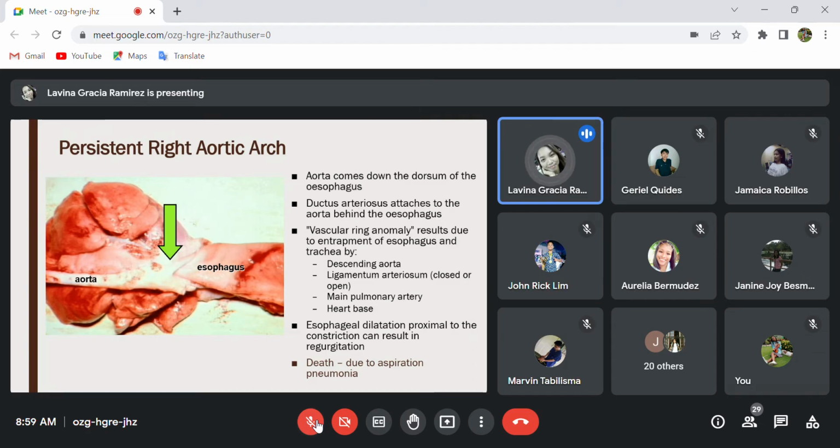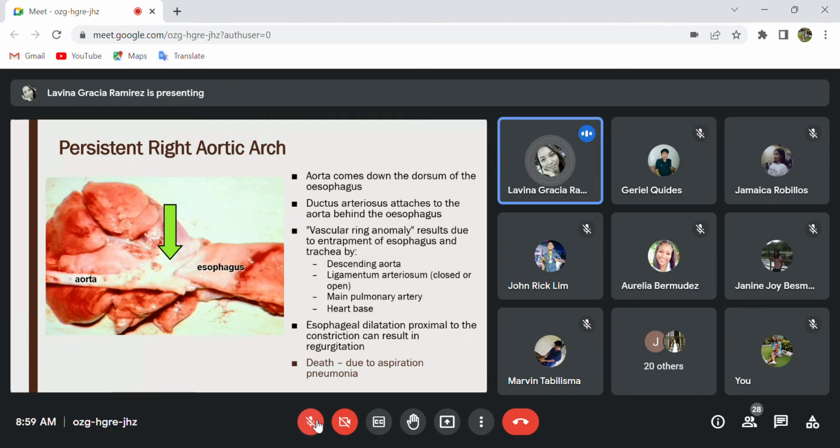The worst that can happen here is aspiration pneumonia. How would it happen? Because of the regurgitation, there is an opening that can be seen in the throat area. Those regurgitated materials might enter the trachea and then the lung region, which could lead to aspiration pneumonia or inflammatory conditions because of these foreign bodies.